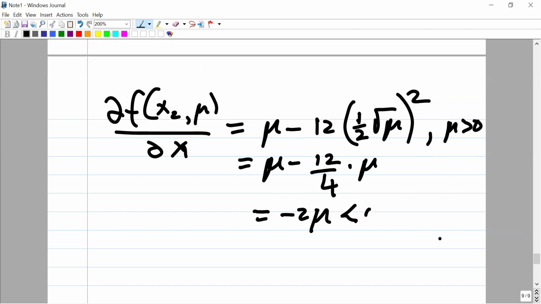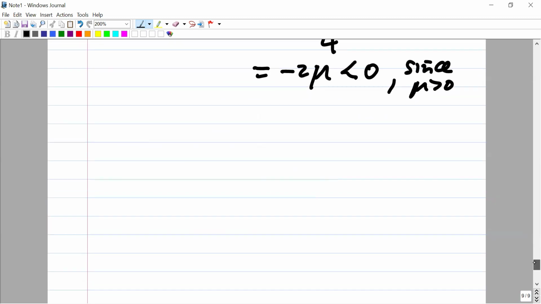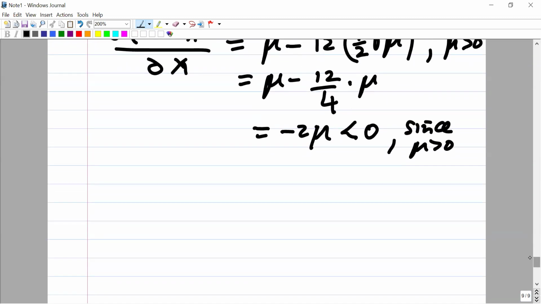So this is less than 0 since for existence of x2, mu should be restricted to greater than 0. So there is no need to check when mu is less than 0. Why?